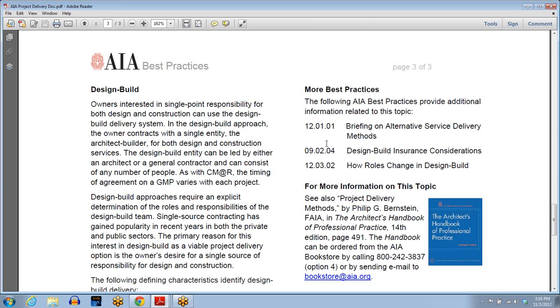Their contracts are all held by the general contractor, and you're paying the general contractor, who turns around and pays the subcontractors.